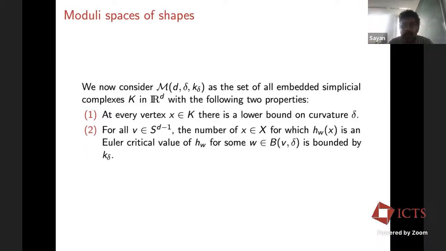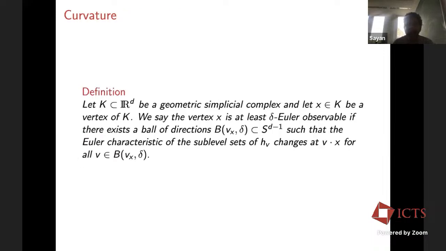And in any direction, if I look at a little cone, the number of critical points, or how much things are changing, in terms of inflections and cusps, is bounded. That's K delta.